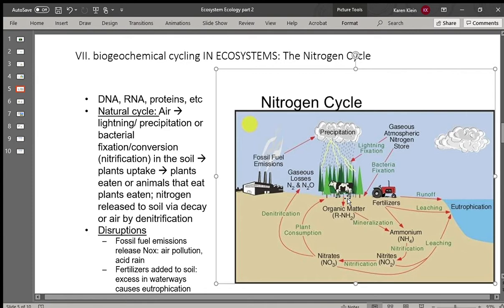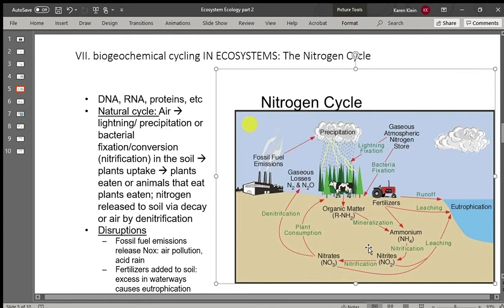And so how then does nitrogen continue on this cycle? Well, nitrogen gets returned to the soil when something decays, releasing nutrients back into the soil, whether they're animals or plants that die and release nitrogen back into the soil.